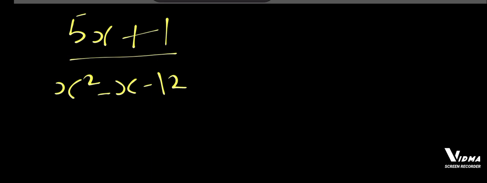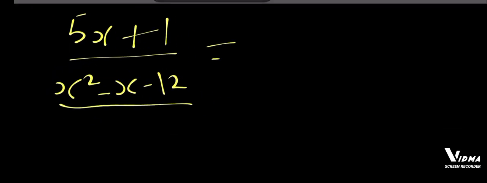So in this question, we have (5x + 1) over (x squared minus x minus 12). When you see this, the first thing is to look at your denominator. We can see that this can be broken into a product of its factors.